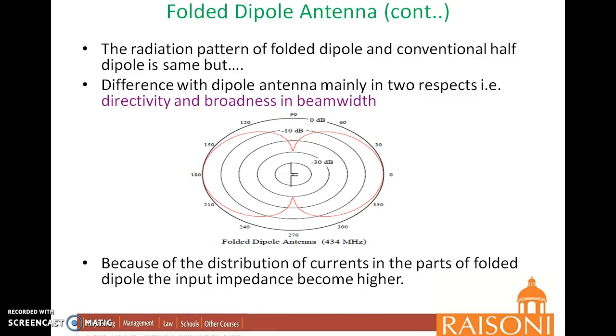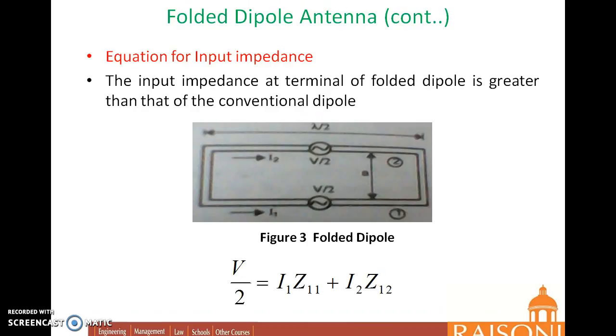Because of the distribution of current in the parts of the folded dipole, the input impedance becomes higher. We can see the figure on this slide, which is the folded dipole antenna with the current distribution.